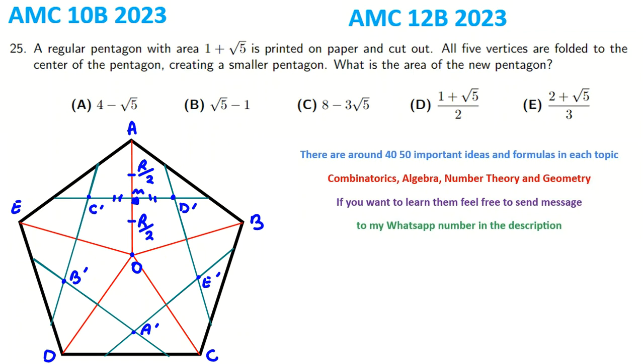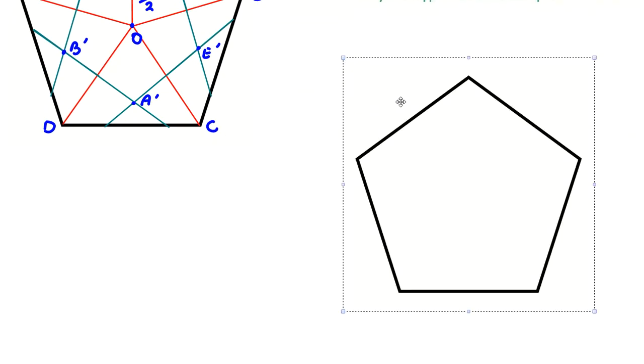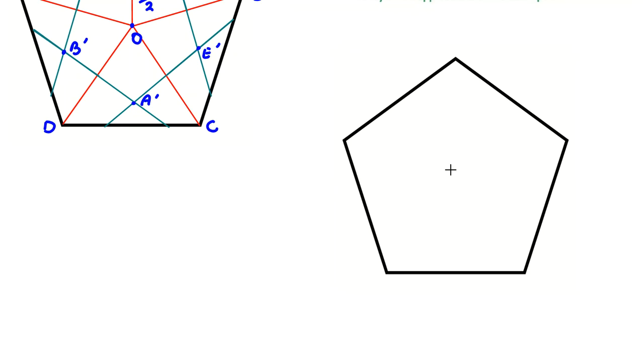For ABCDE, if we draw a perpendicular to this side or any other side, let me draw an easier one. Consider the center O and draw the perpendicular from O to a side. Here it is O, it is A, and it is the perpendicular.